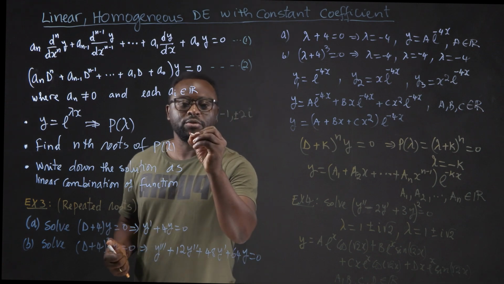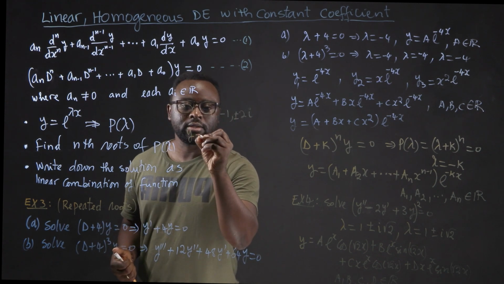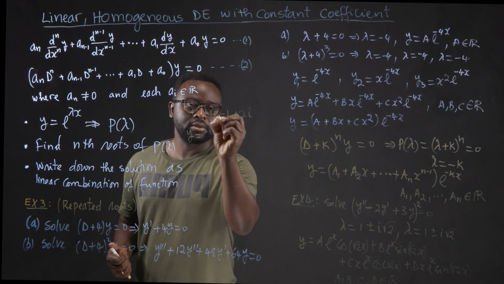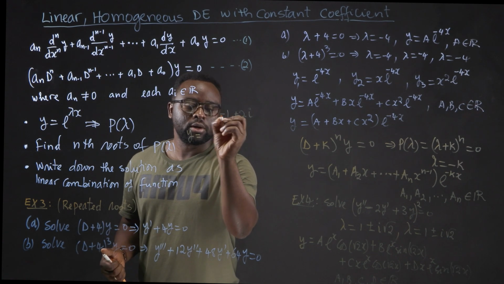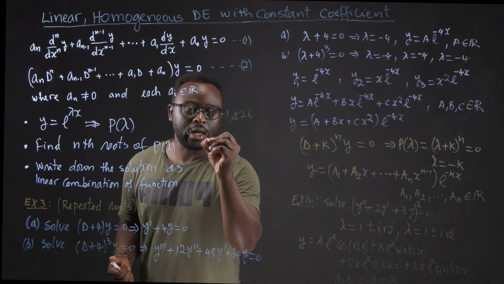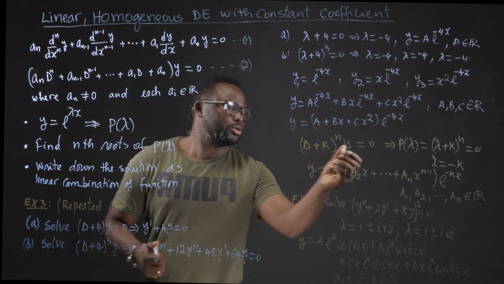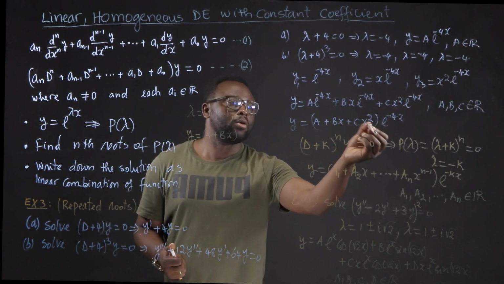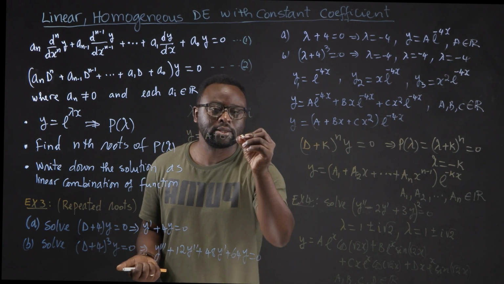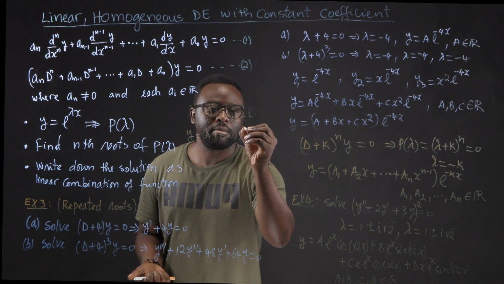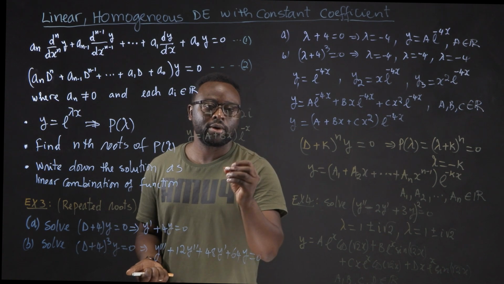So my solution is the following. Y is equal, if we start with this first one, this is repeated real root. So this is a plus bx. So I just choose to write following this second form, okay? It doesn't matter, you can still expand it, times e to the power minus x, okay?